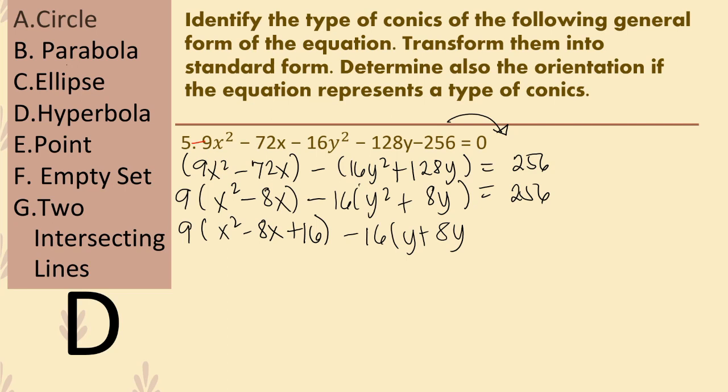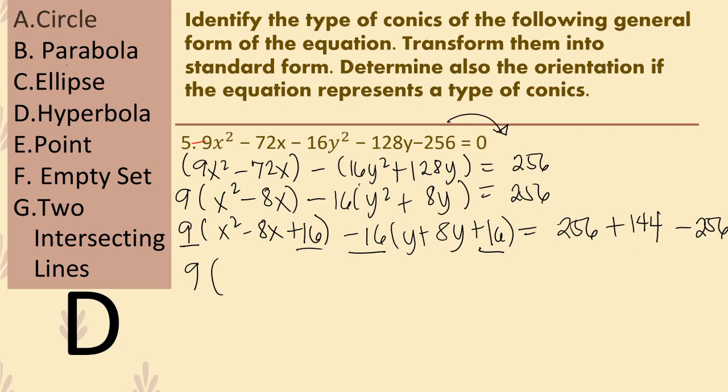Then, 4 squared is 16. Is equal to 256. And then, yung inadd natin dito, multiply by 9. So, 16 times 9 is equal to positive 144. And then, negative 16 times 16 is negative 256.